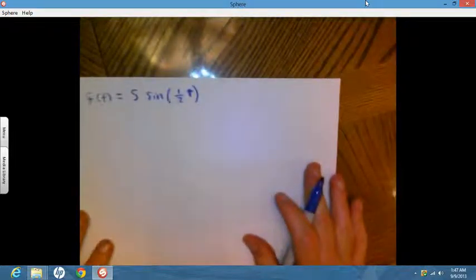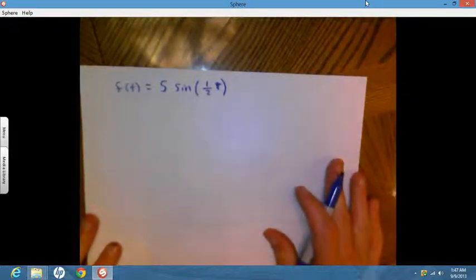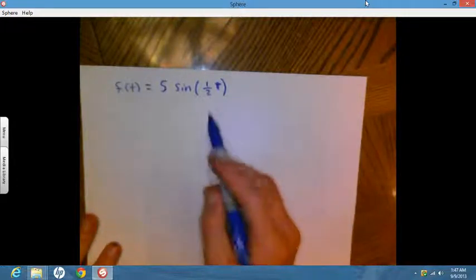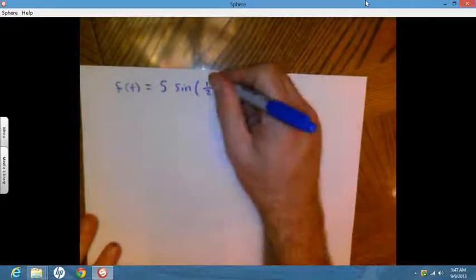I'm going to look at the function f of t is equal to 5 times the sine of 1/2 times t, and multiplying by 1/2 is the same as dividing by 2.